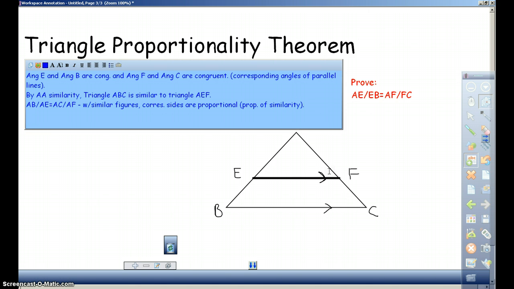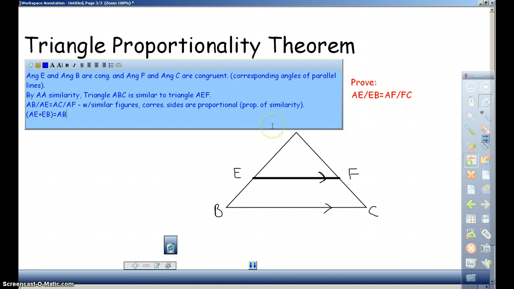Okay? All right, well now we're going to do a little bit of math. We realize that AB is equal to AE plus EB. So I'm going to put this in parentheses. AE plus EB is equal to AB. All right, we understand that. It's the idea that from A to E plus from E to B gives me the whole length.